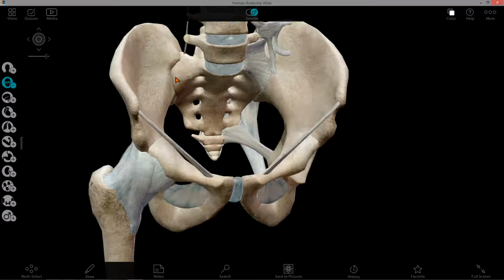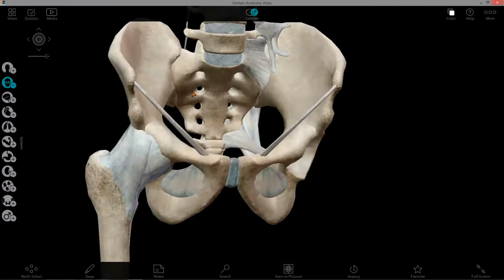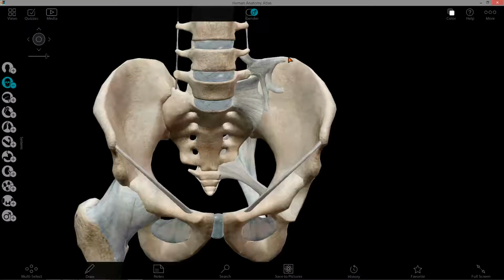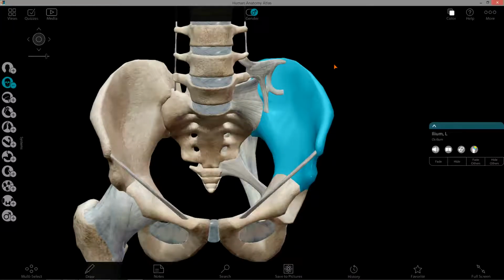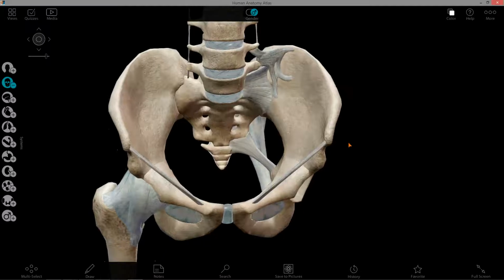And then you have S1, which you can kind of see in the holes, although the sacrum is fused, but this is essentially S1. Everything superior to that, and within the wings of the ilium, if you recall, the wings of the ilium is approximately this area. That is an area known as the false pelvis or greater pelvis, and it contains the sigmoid colon and loops of small intestine, primarily ileum.